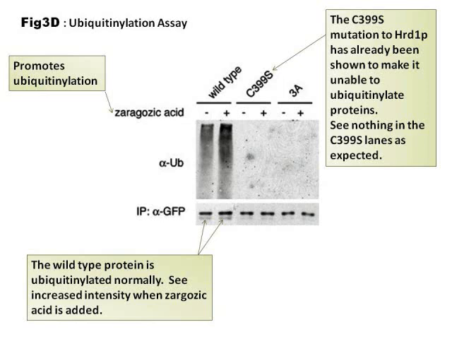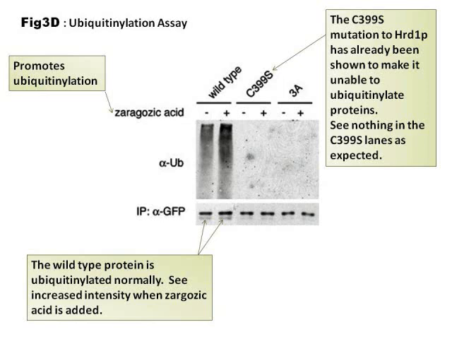So under the wild-type heading, you can see the normal ubiquitinylation smear and the expected increase in intensity of that smear when the zaragozic acid was added. This is an indication that ubiquitinylation did occur. For the C399S mutant, however, there was no ubiquitinylation.